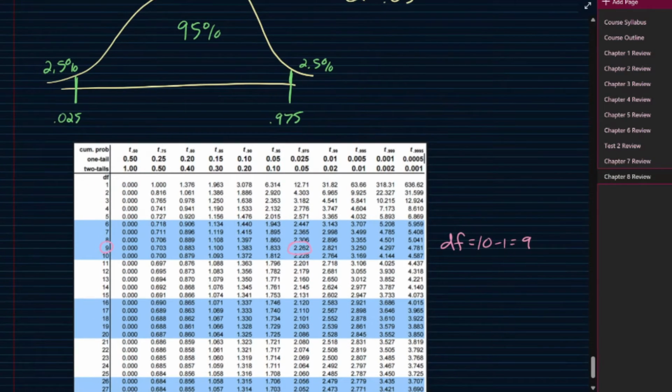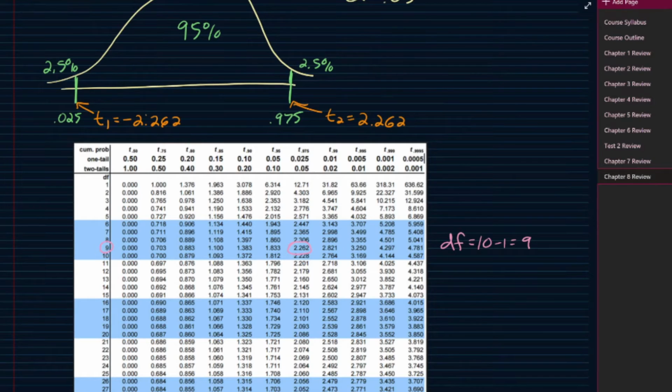So we get our two t-values for the critical ranges. I'll call this t1. That's the negative of this. Negative 2.262, sorry, I messed this up. And this one, I'll call it t2. It's positive 2.262. So those are our critical values.